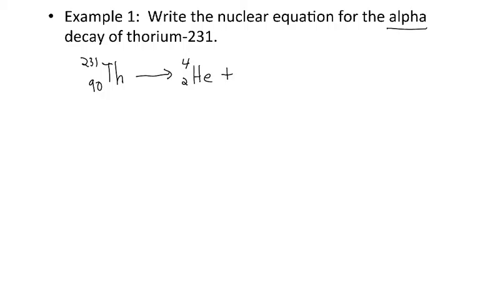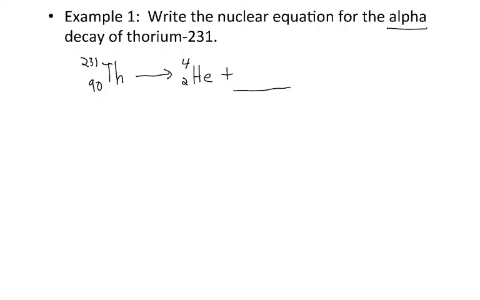There's only one other piece here: what is the nucleus that is left after this alpha particle is spit out? The way we figure that out is the atomic numbers on the right-hand side, so the 2 plus whatever this is, has to add up to 90. The same thing is true for the mass number. Whatever the new mass number is, it plus 4 has to be equal to 231.